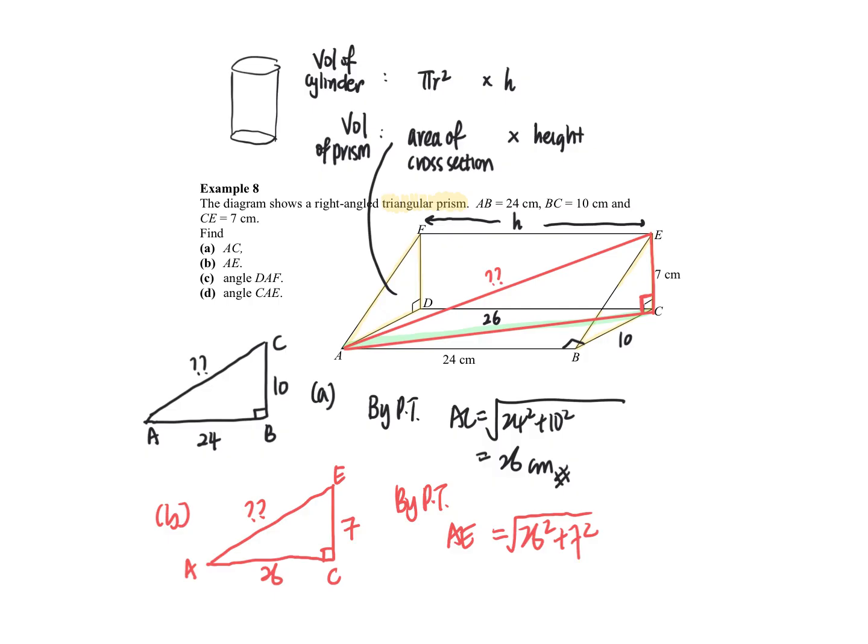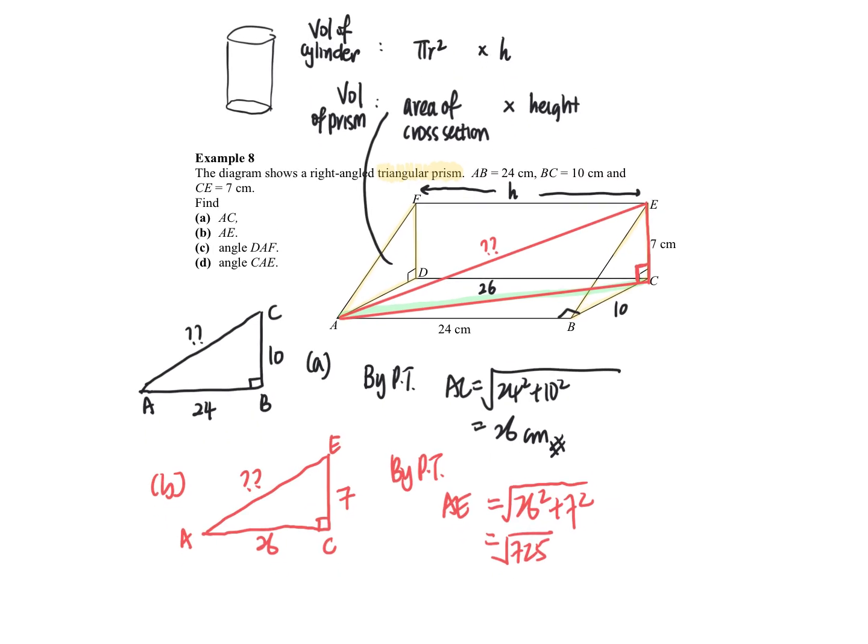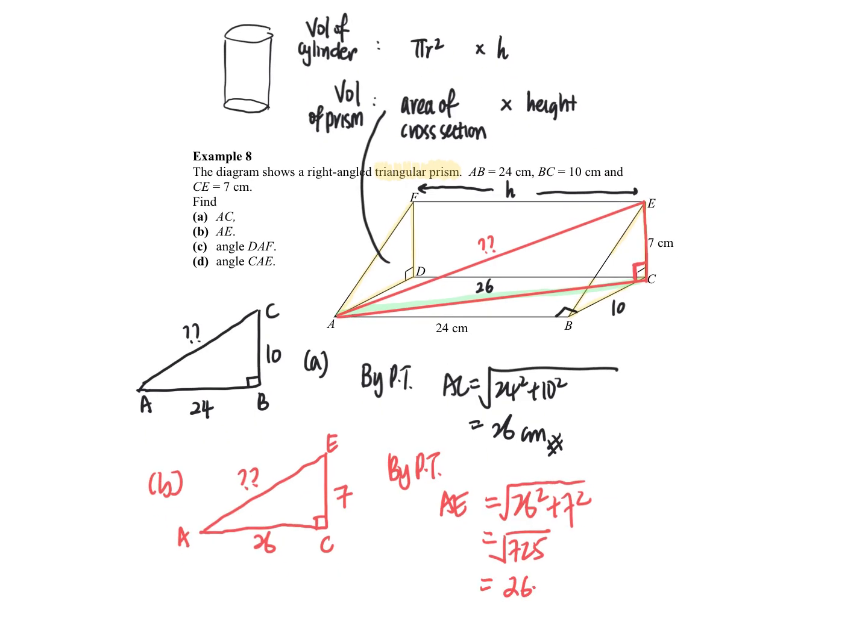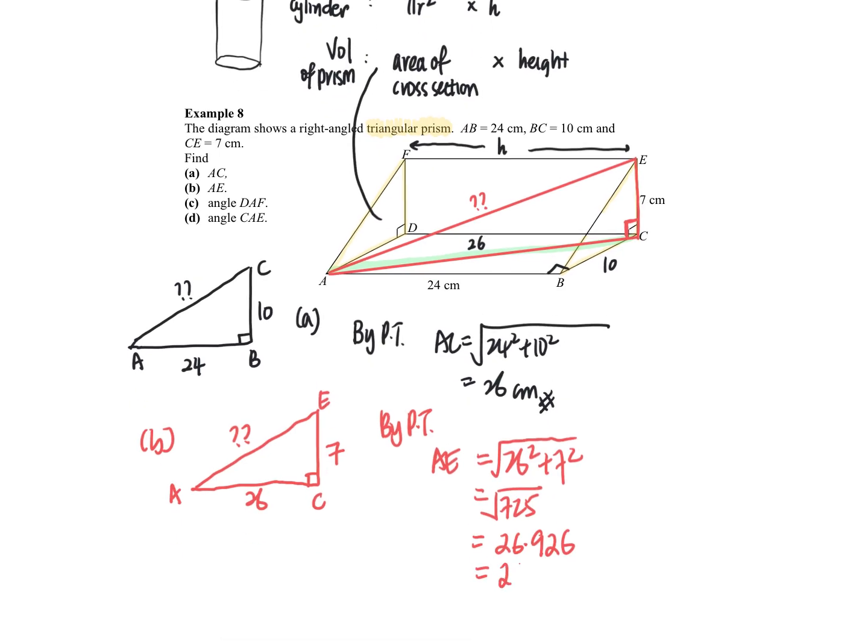Is it a nice number? No, right? It's 725, so the answer is 26.926. You can leave it as 26.9. You either use the exact one for the next part if required, or you use the 5 SF. Don't use the one you rounded off.